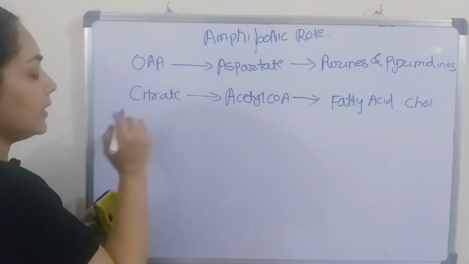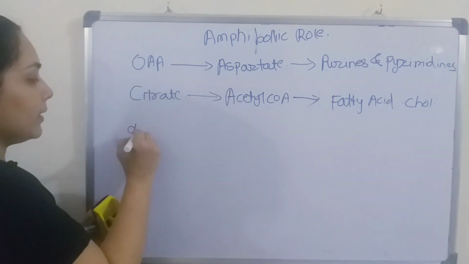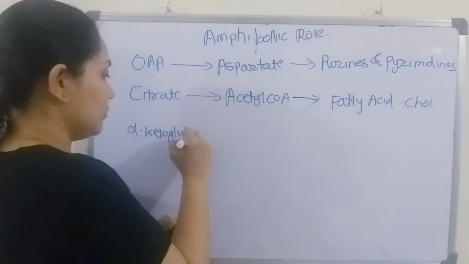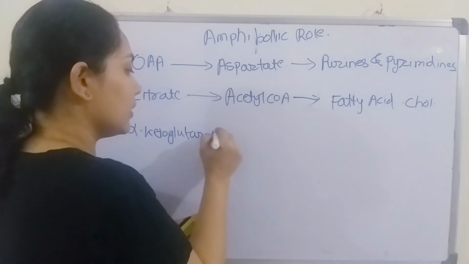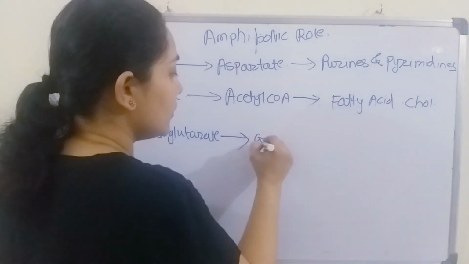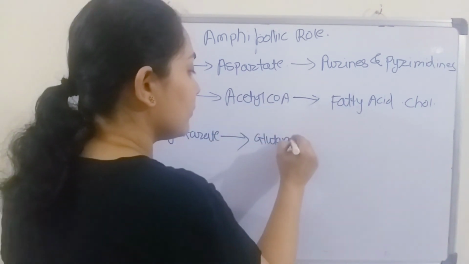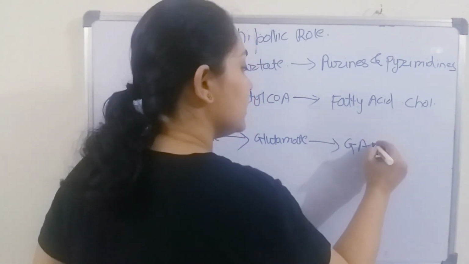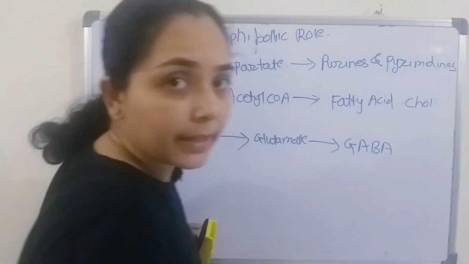Then alpha ketoglutarate. This will be involved in the synthesis of glutamate and ultimately GABA, that is gamma amino butyric acid.